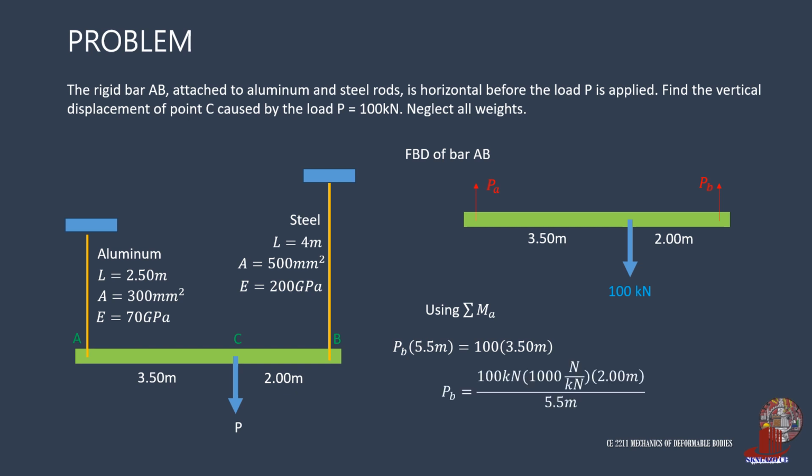Force P of B is then 100 kilonewtons times 1000 conversion factor multiplied by 3.5 meters all over 5.5, and this gives 63,636.36 newtons.